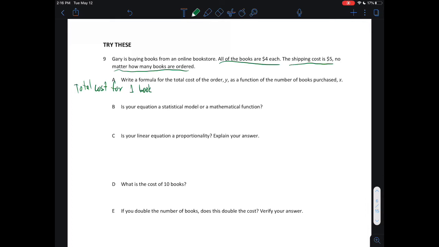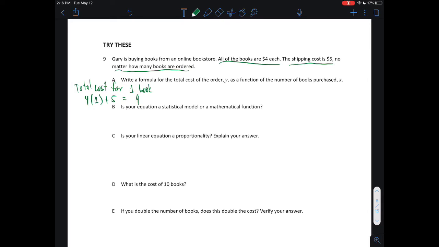Meaning buying the book and shipping it. Well, if it's $4 for a book, then for one book, that's $4. Then add on the shipping cost, that's $5. So you would have $4 for the one book plus the $5, and that's $9.